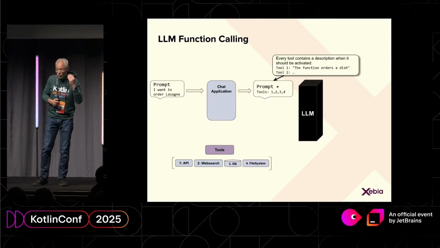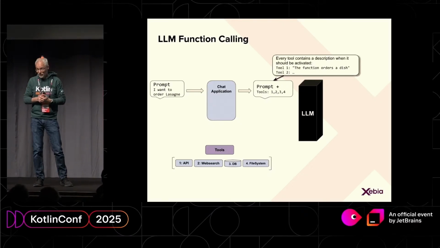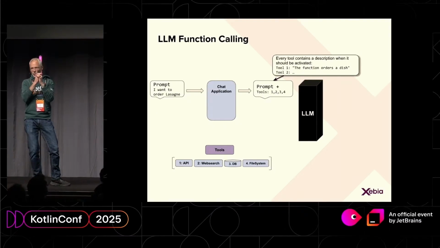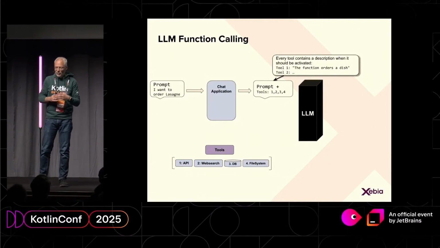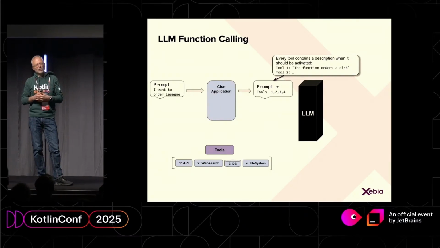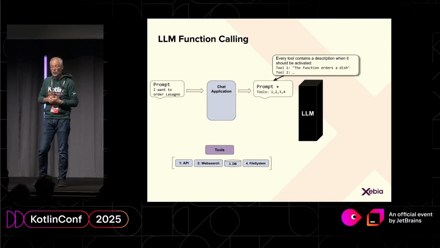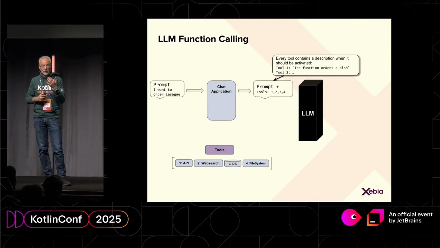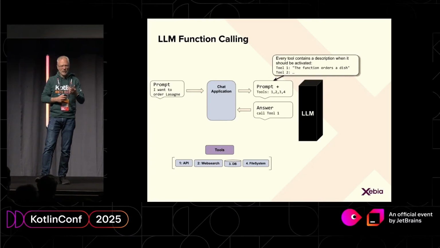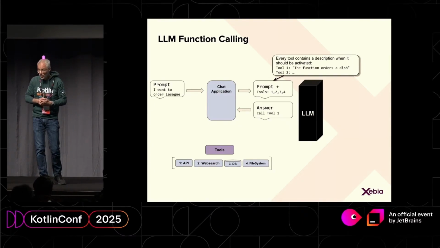Then alongside each tool, I also send a description. And now I hope and pray that the LLM, when it gets the prompt, like I want to order, kind of figures that, oh yeah, you want to order, then I have this tool called the function orders a dish. I think now it's time to call this order function. That's what it replies to the sender, saying, hey, now you have to invoke tool number 1.